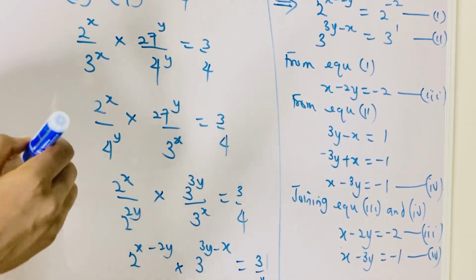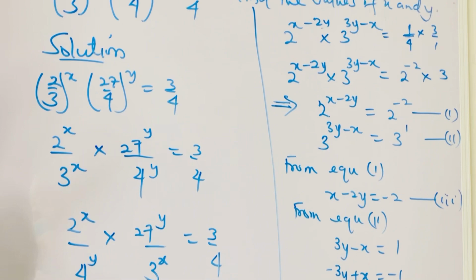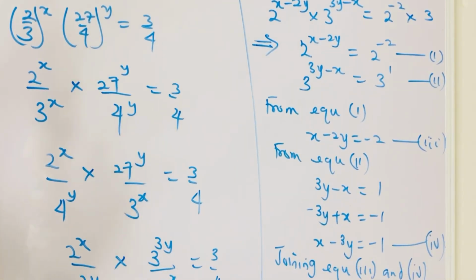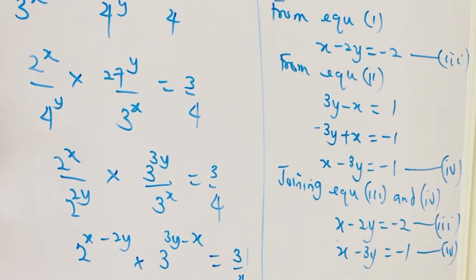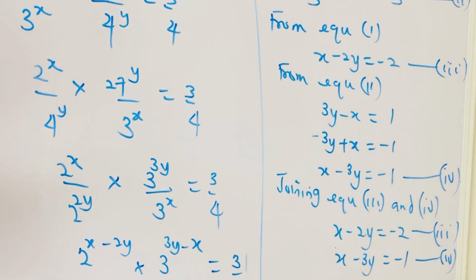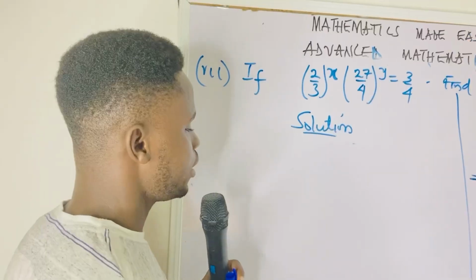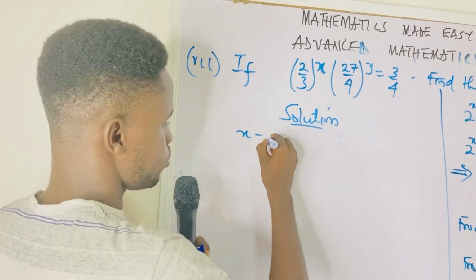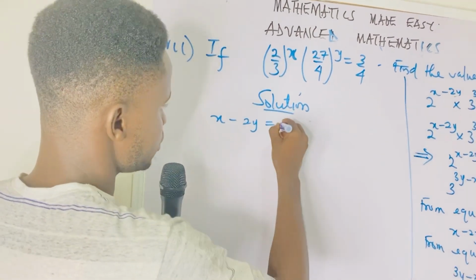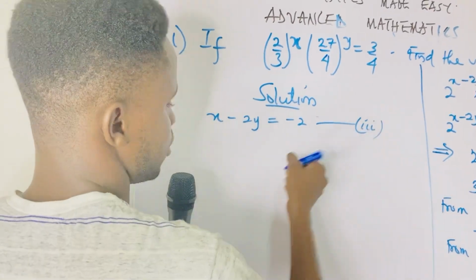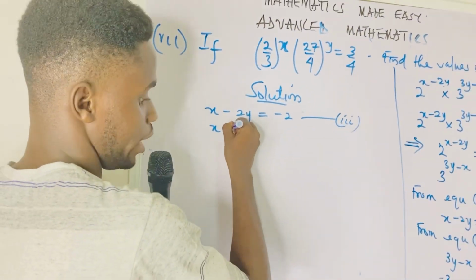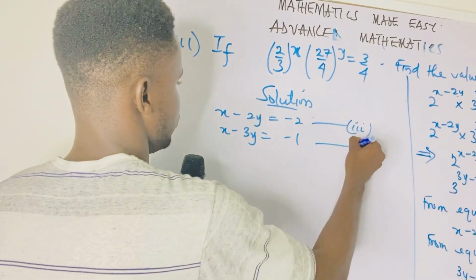Then we solve them simultaneously. You can use the elimination method, substitution method, graphical method, or any other method. But here we'll be using the elimination method to make our work easier and faster. Let's solve the two simultaneous equations, equation 3 and x minus 3y equals minus 1, equation 4.